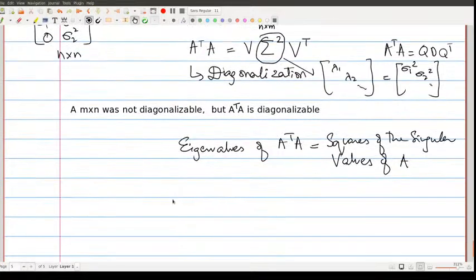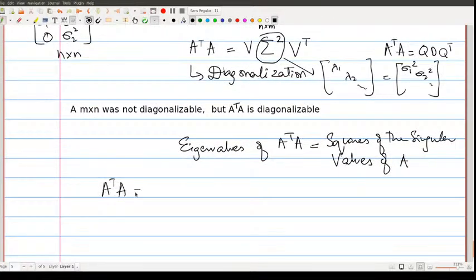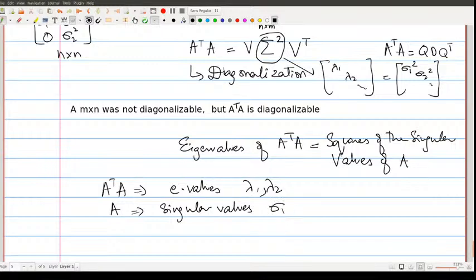So let's say A transpose A has eigenvalues lambda 1, lambda 2, then A will have singular values. Sigma 1 will be the square root of lambda 1, and sigma 2 will be the square root of lambda 2. So I'm just reversing the square that is happening. So here's the procedure that you do.